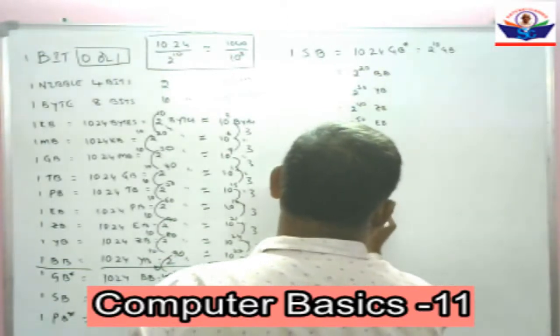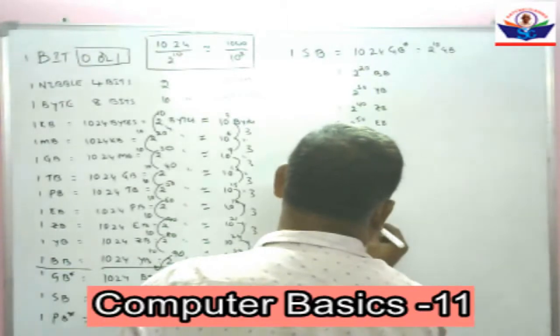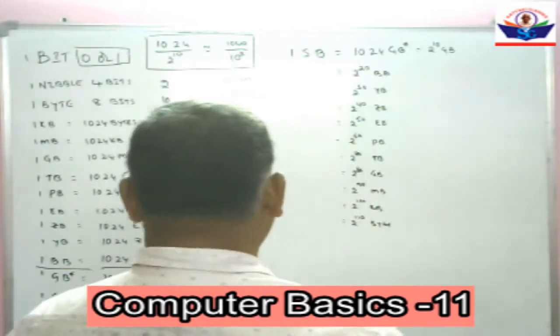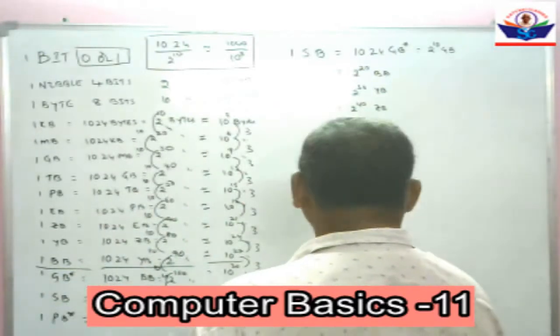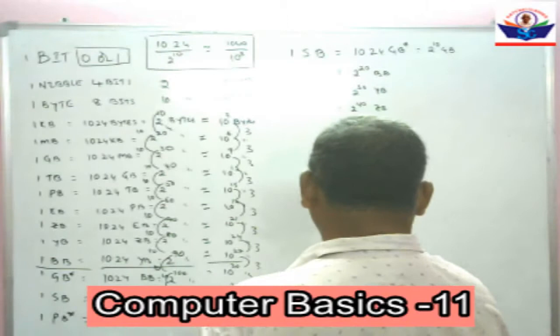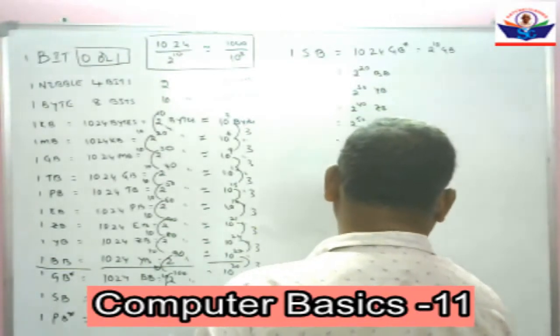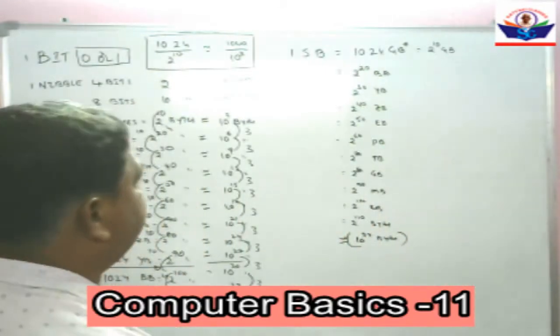Then 2 to the power of 100 kilobyte. That is equal to 2 to the power of 110 bytes. In power of 10, it is equal to 10 to the power of 30 bytes, which is also approximately equal to 10 to the power of 33 bytes.